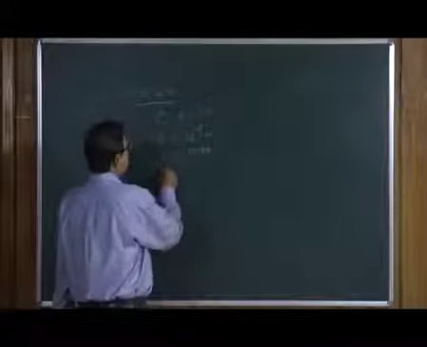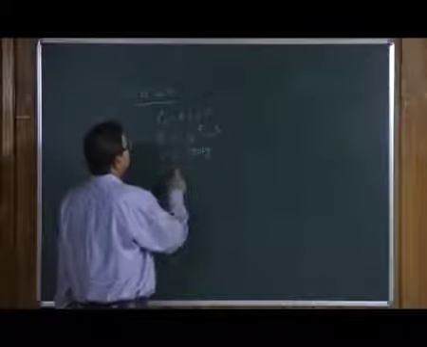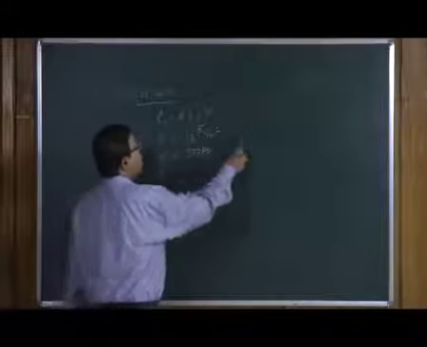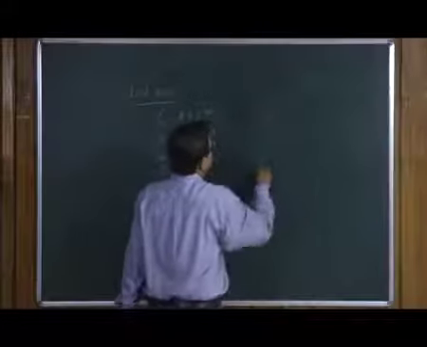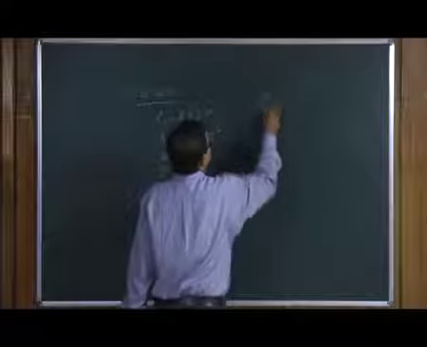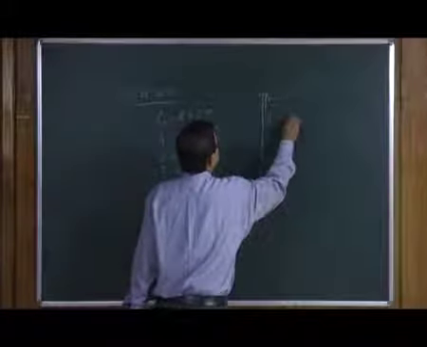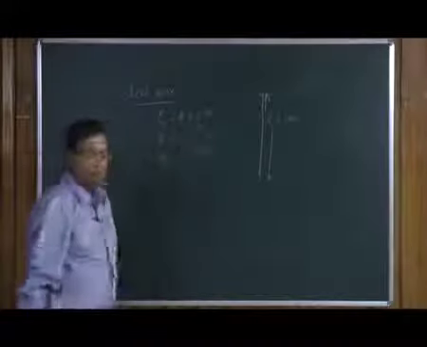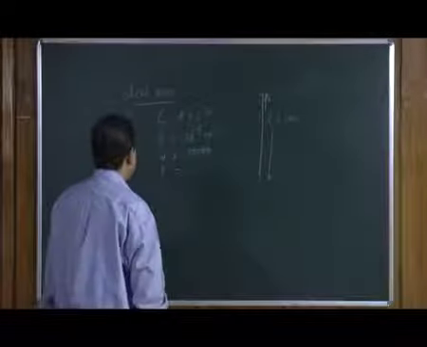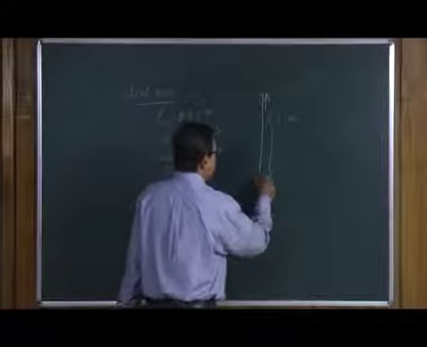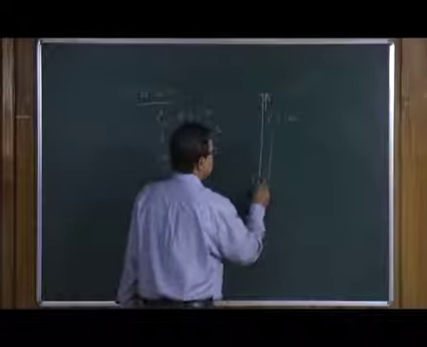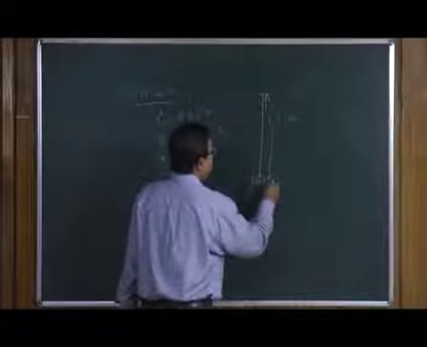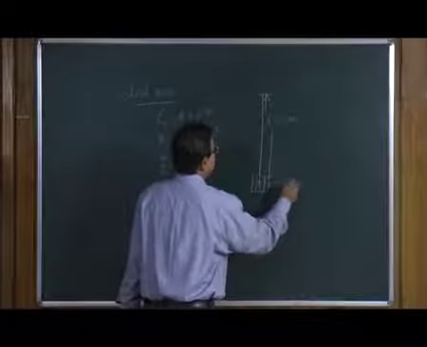So, this mass is hung from a steel wire whose unstretched length L is equal to 1 meter. The area of cross section is 10 to the power minus 5 meters square, and there is a weight M equal to 500 kg.